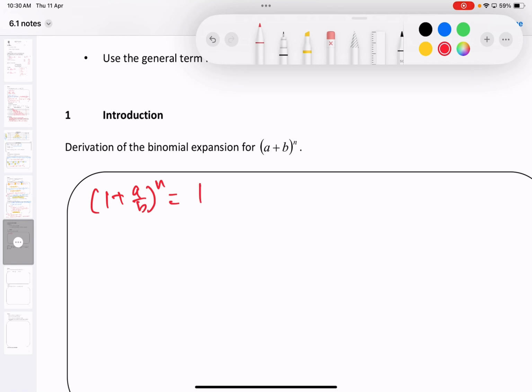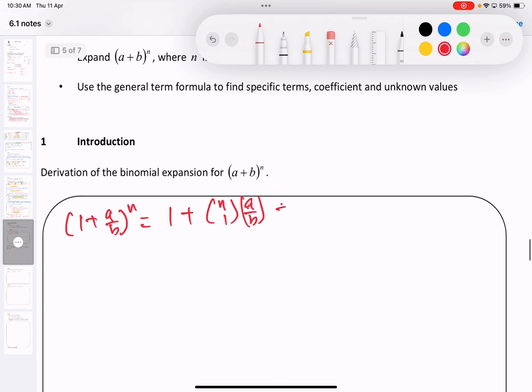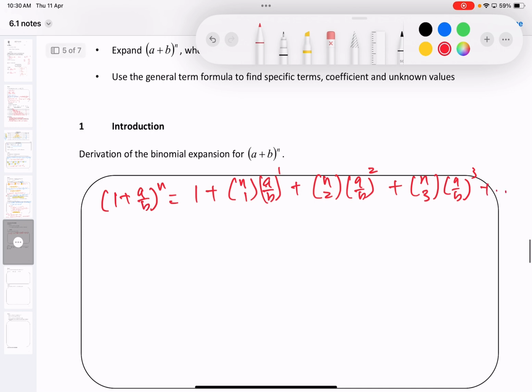If you expand this, it will be n choose 1, a over b, plus n choose 2, (a over b) squared, and n choose 3, (a over b) cubed, and of course plus dot dot dot.